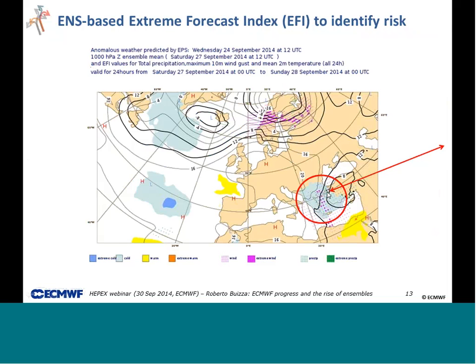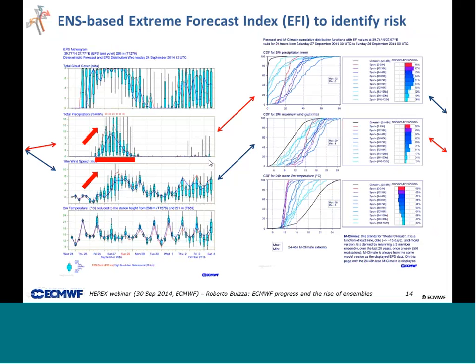By clicking on the point, one can bring up the whole distribution of the ensemble members at that specific location. In this case, I said there was extreme precipitation, so precipitation increasing between the 26th and the 28th. Wind speed is increasing.